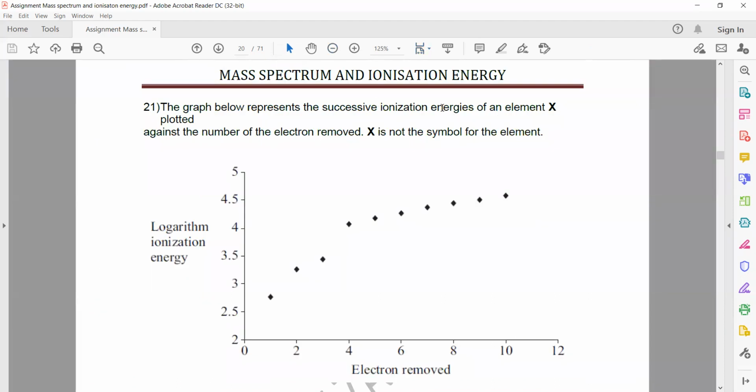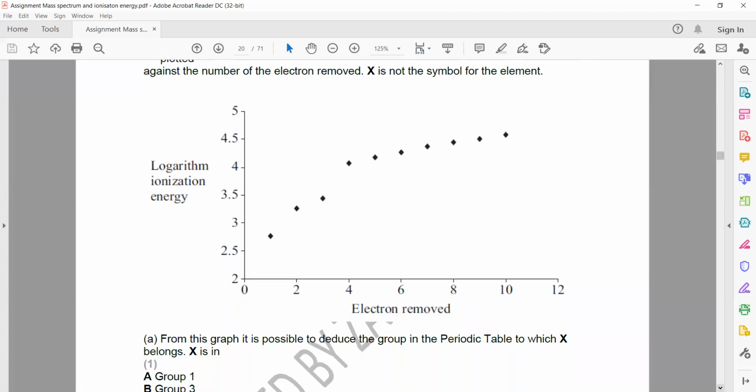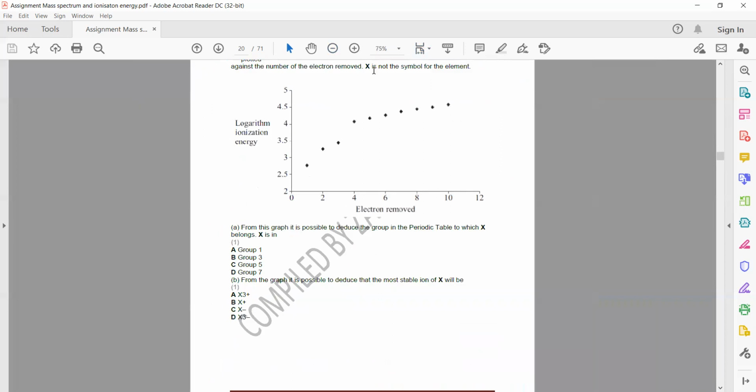The graph below shows the successive ionization energy of element X plotted against the number of electrons removed. From the graph, it is possible to deduce a group. So what is the group of this?